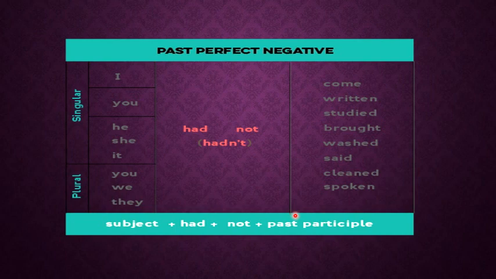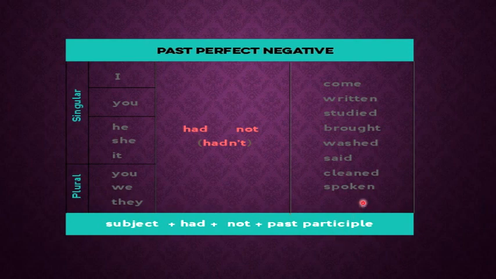Now there are some examples. When we have subject like I hadn't come, you hadn't written, he had not studied, she had not brought, it had not washed, you had not said, we had not cleaned, they had not spoken.